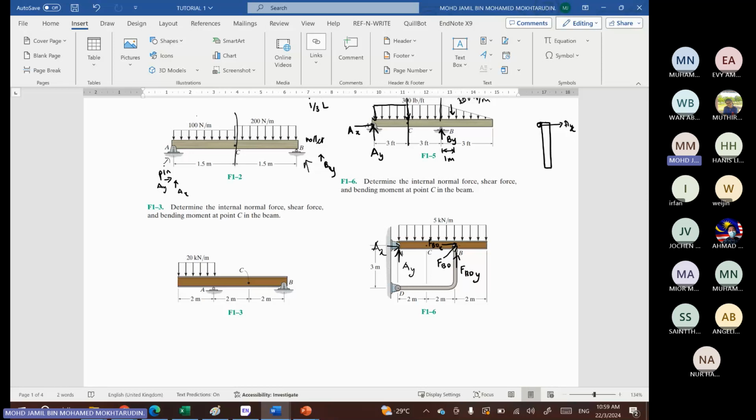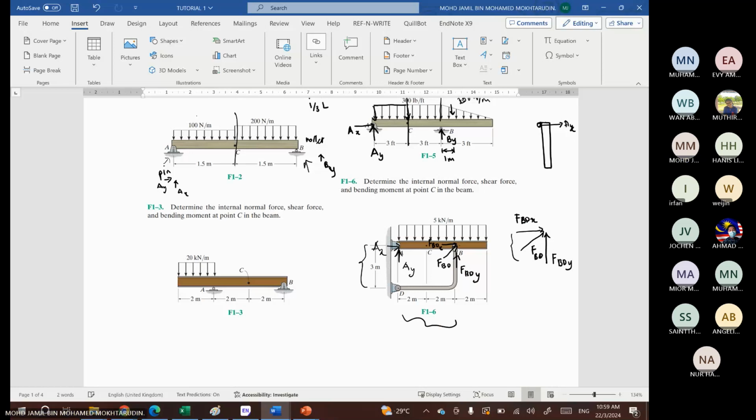So this is FBD. So this is FBDY, FBDX. So kita kena ambil kira dia punya length here and also this length.